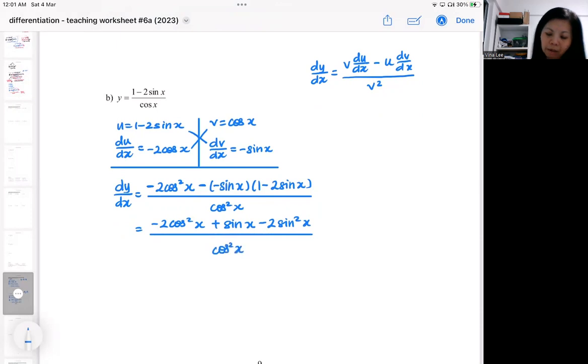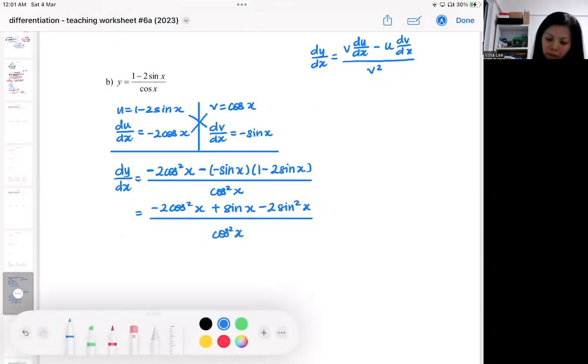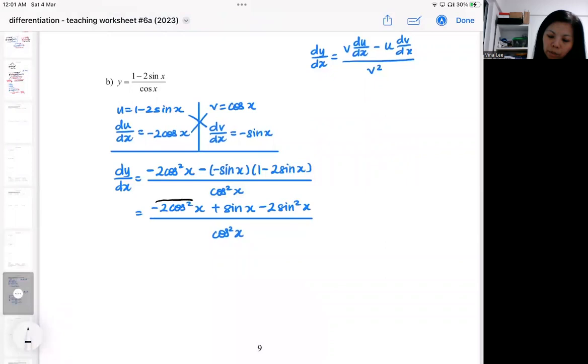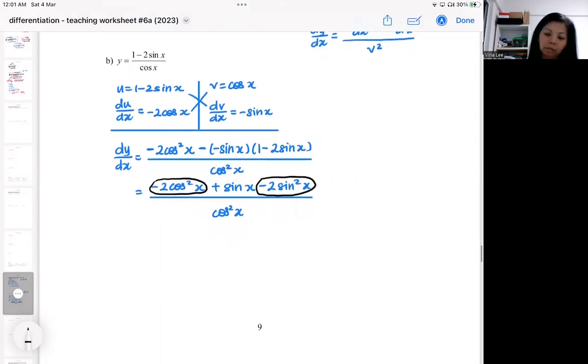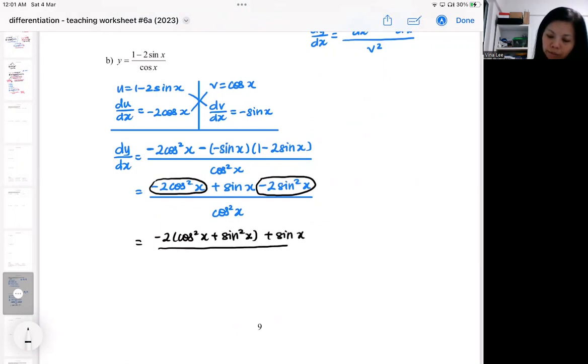So some of you might leave it in this way. But those who are sensitive to your formula, do you realize this part has a common factor? And when you take out the common factor, do you recognize something that you have seen in your trigo?